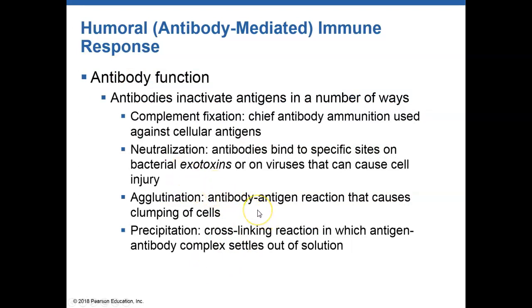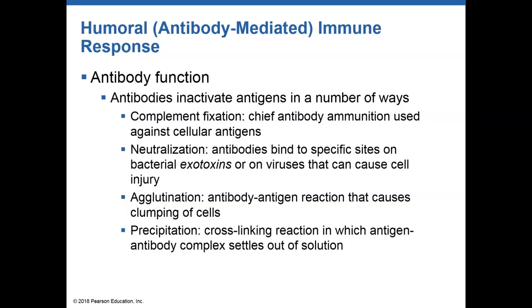So how do antibodies actually work? Antibodies don't kill pathogens. They can't kill anything. What they do is inactivate the pathogen, either by activating the complement system, or they will neutralize the pathogen by binding to the receptors, causing toxins that normally could cause damage to no longer be able to cause damage.